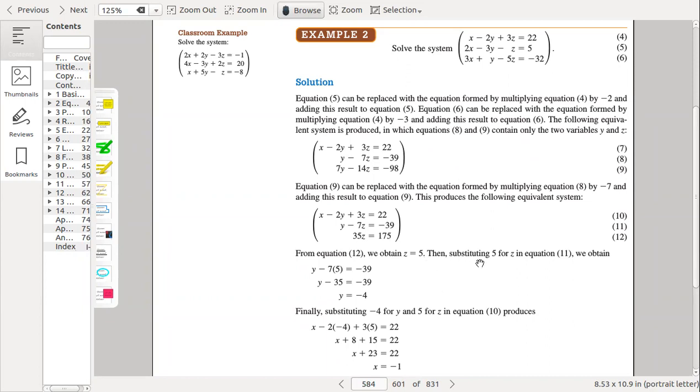Then substituting 5 for z in equation 11, we obtain y minus 7 into 5 equal to minus 39, and we have y is equal to minus 4.